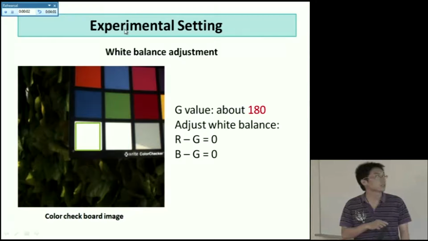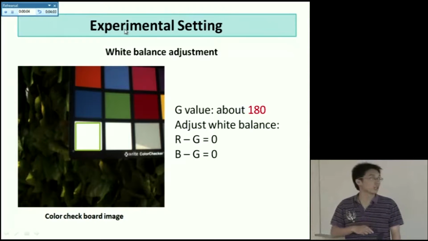By setting like this, this is a white balance adjustment. Take an image of the color checkboard, and in the area of the white part, the J value is about 180, and then we adjust the white balance to achieve this.